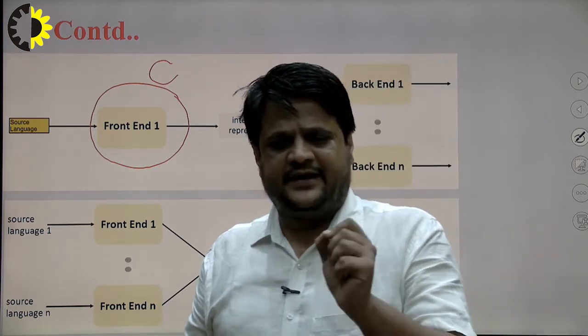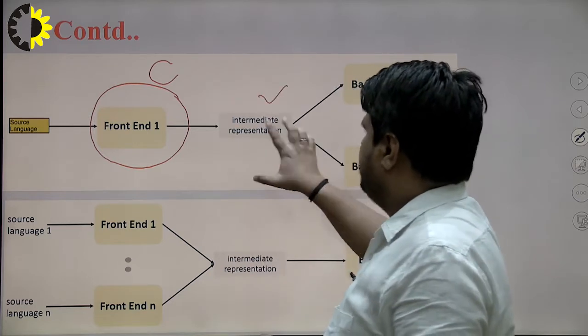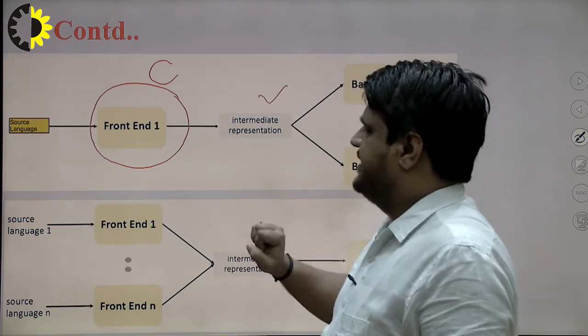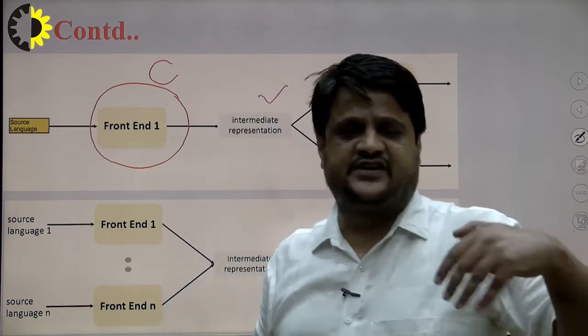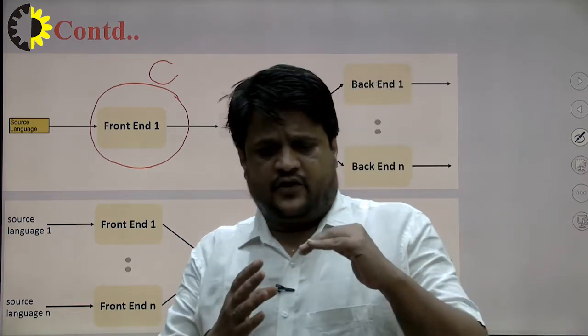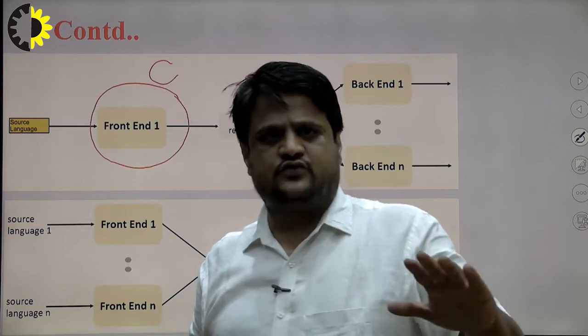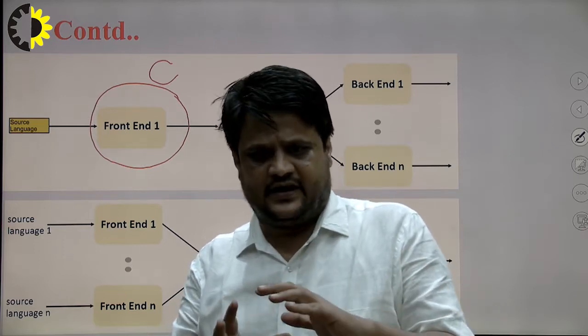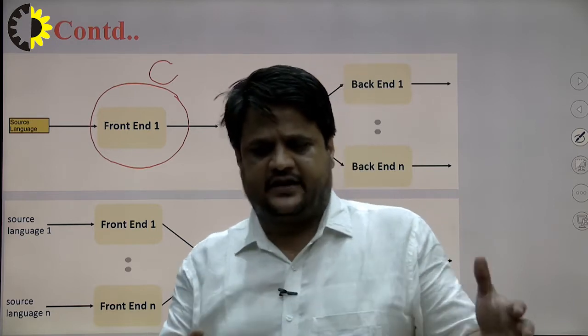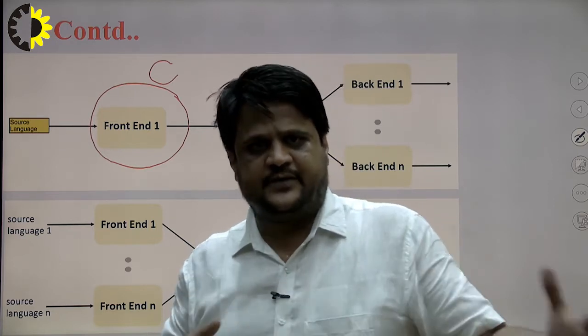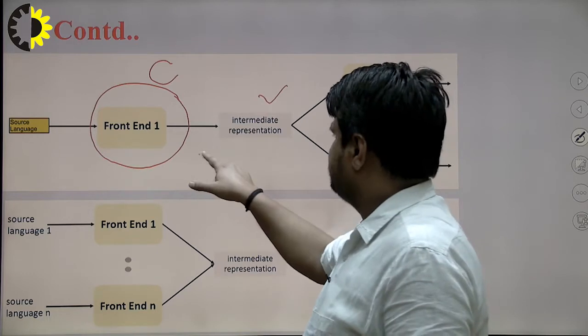Second, whenever intermediate code is generated by that front end, you can write the back end for the different machines, right? Basically, the back end is specific to a machine, dedicatedly written for the particular machine. So you have to write the back end for the different machines and merge it.